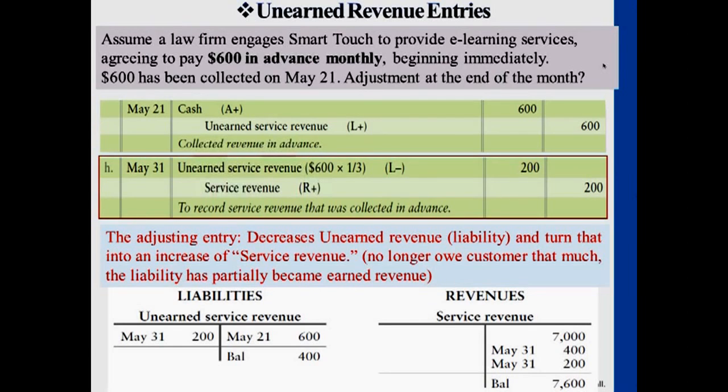Remember, service revenue is an equity account, regularly, and increases on the credit side. So for T accounts here, you see that unearned service revenue, if I didn't tell you the whole situation above, if you just look at this T account, you should still be able to understand the information represented here. So if you look at an unearned service revenue account, remember this is a liability account.